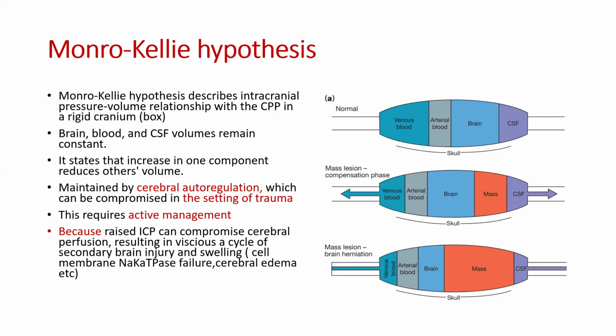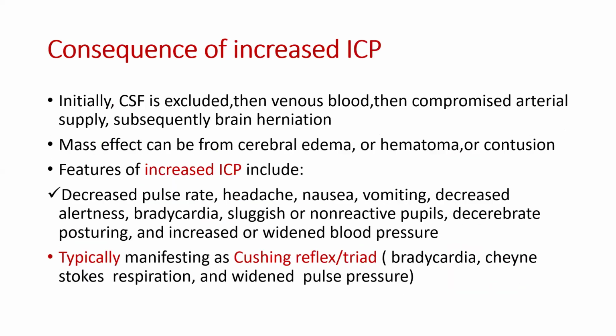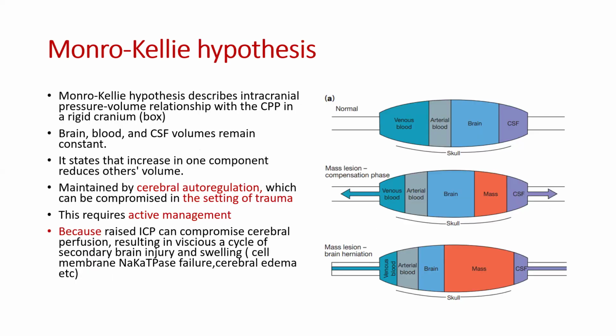You can see the hematoma has increased significantly in size, or the mass, whichever that is, and it is compressing the brain, the arterial supply, the CSF and the venous blood. That is when you have the brain herniation syndromes that we will look at a little bit later. So this results in increasing intracranial pressure.